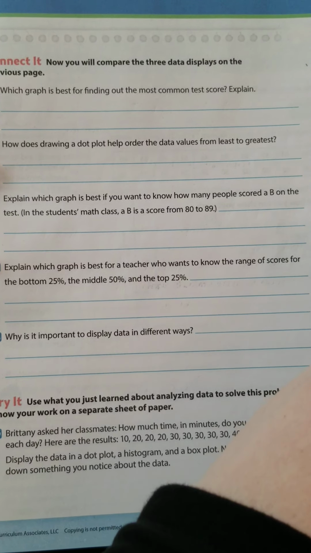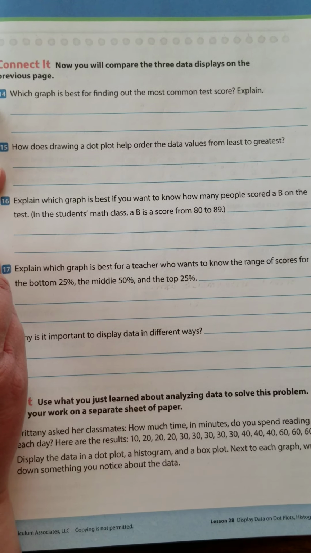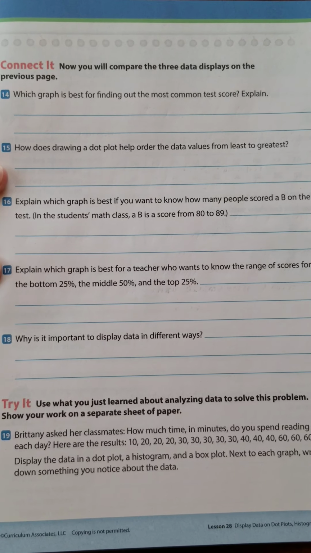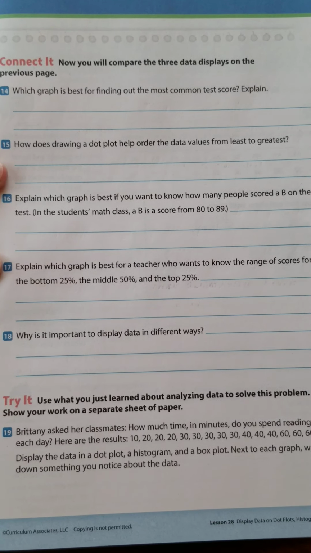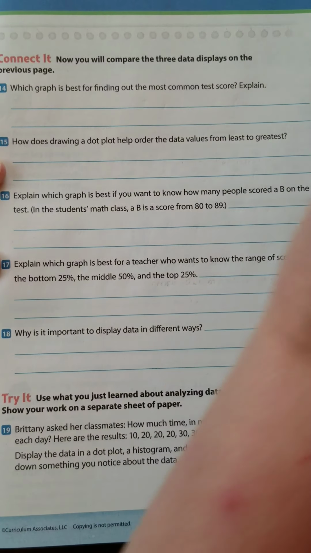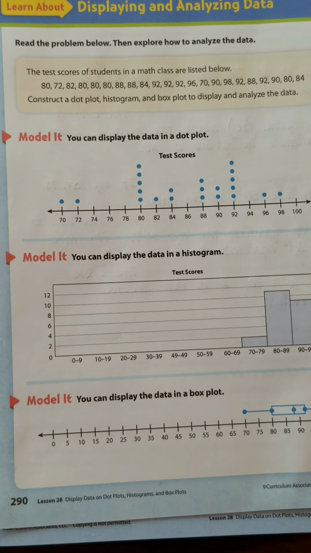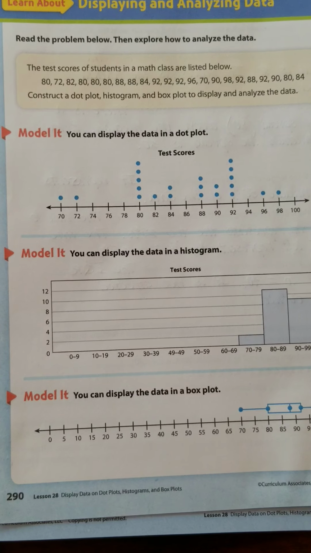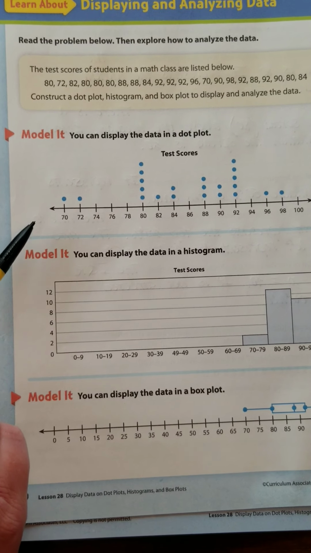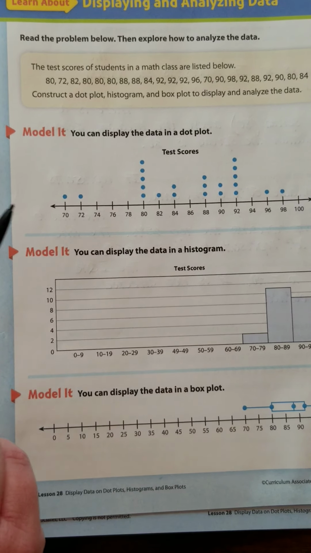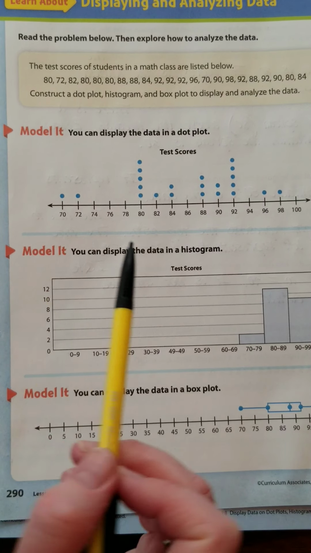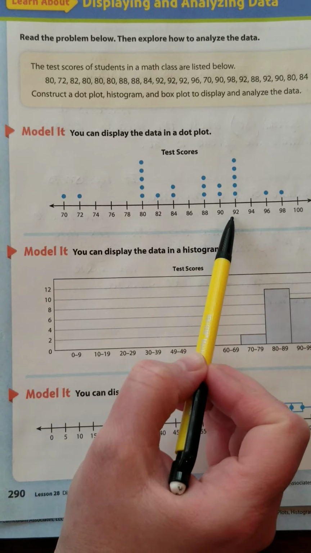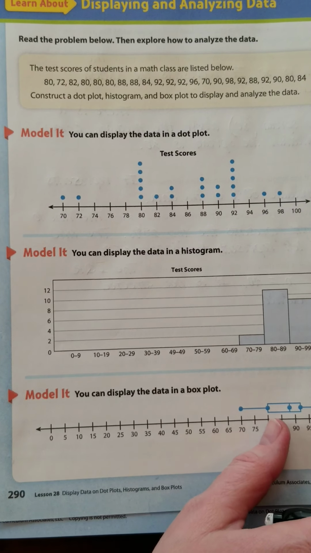All right, ladies and gentlemen, we are on number 14. Question number 14 asks us, which graph is best for finding the most common test score? So if I look at these three graphs and I want to know the most common test score, it's obvious to me that I'm going to use the dot plot. The reason I'm using the dot plot is because when I look at it, I can instantly see by the peaks that 80 and 92 are the most common test score.